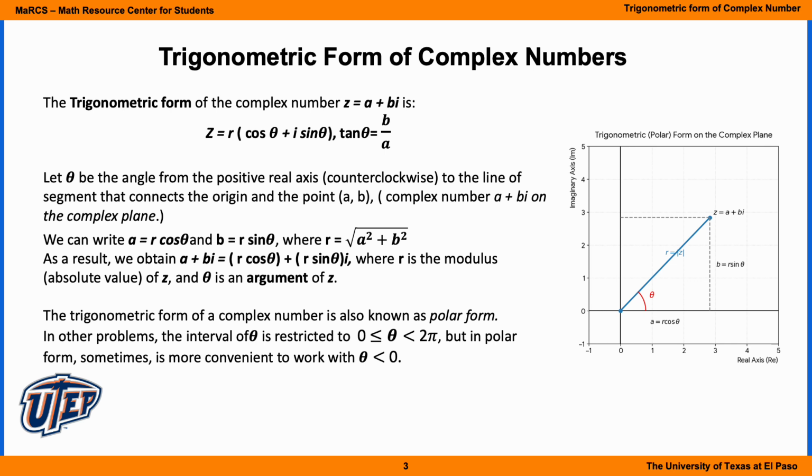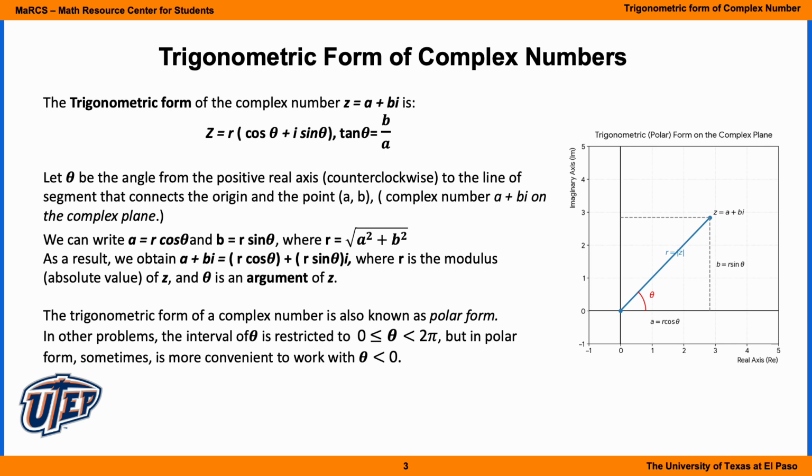Then the distance from the point (a, b) to the origin is equal to the square root of a squared plus b squared, and that is r. As a result, we obtain that a plus bi is equal to r times cosine of theta plus r times sine of theta i, where r is the modulus, or the absolute value of z, and theta is the argument of z. The trigonometric form of a complex number is also known as its polar form.